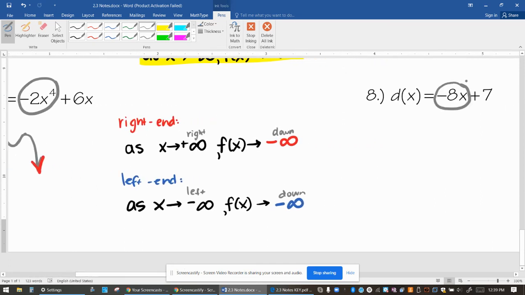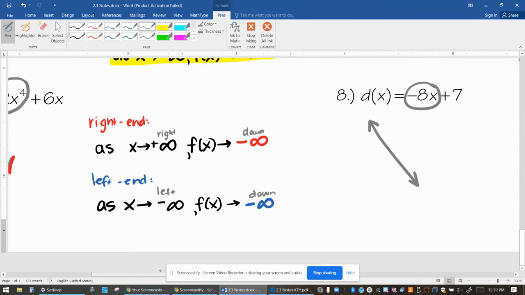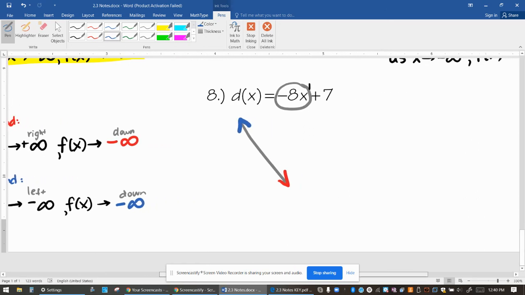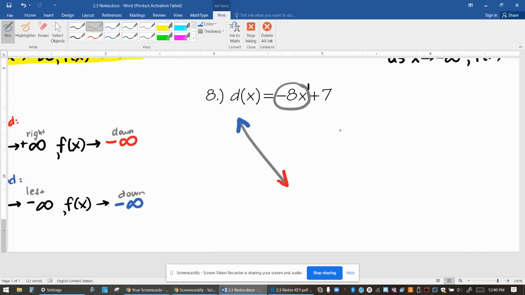Okay, the last one is linear. This line is falling. But also, it's an odd degree function because the highest exponent is 1. That's odd. That means the right side is doing the opposite of what the left side does. You see how the arrows are pointing in opposite directions? All right, so let's describe the right end.